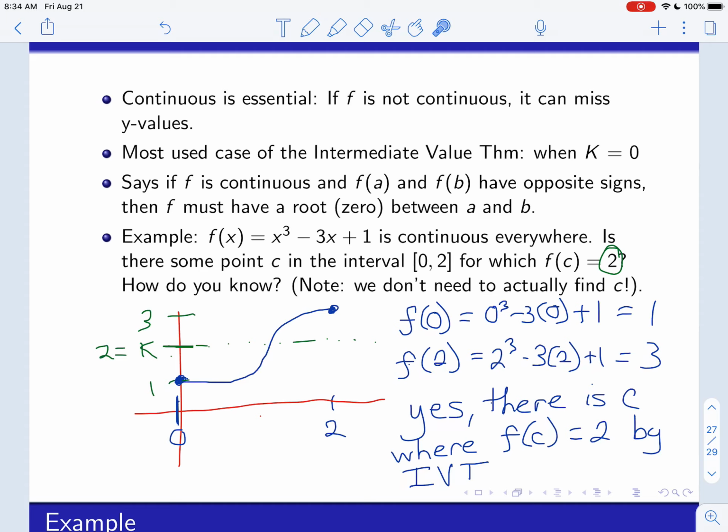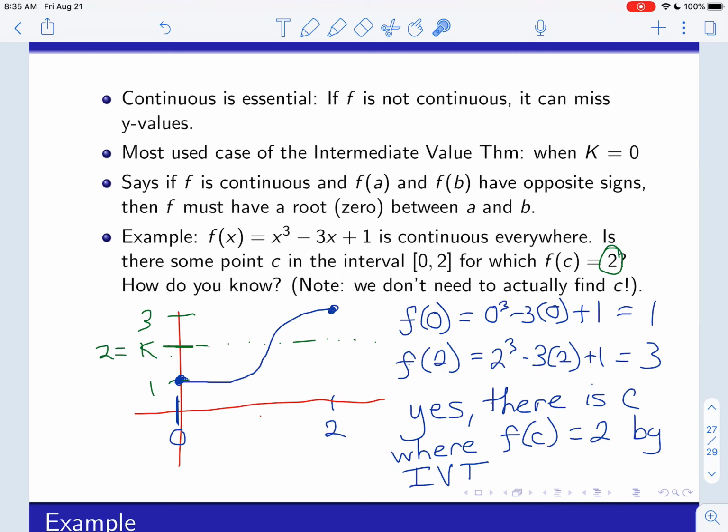Now I have absolutely no idea what this c number is. It could be 0.0001, or it could be 1.99999, or it could be right here in the middle at 1. All I know is it's somewhere in between 0 and 2. But at least now I know that there is a point where f of c equals 2 in between these two. So if I go looking for it, I'm not wasting my time looking for something that's not there.